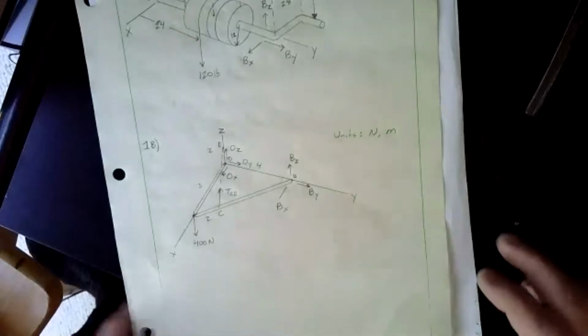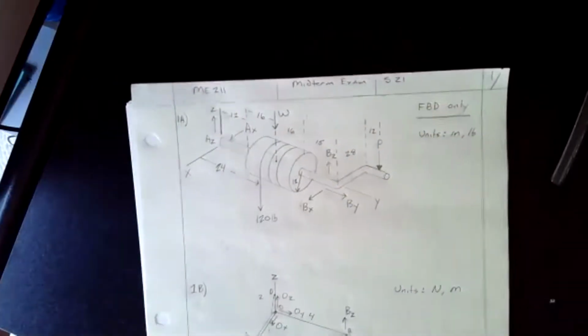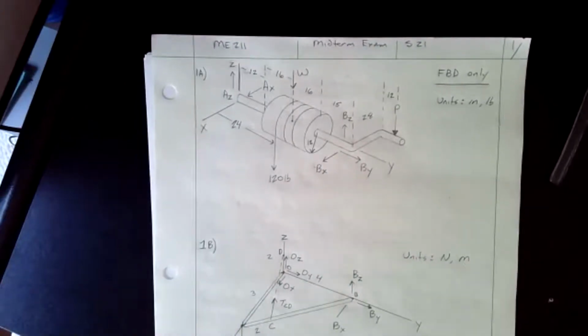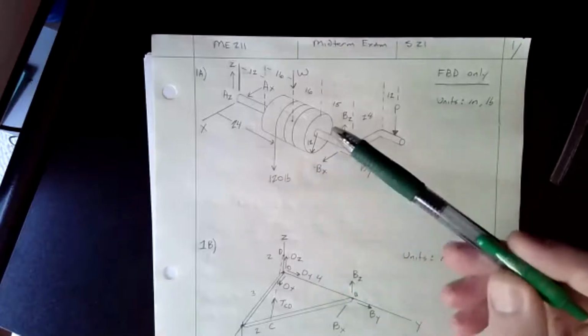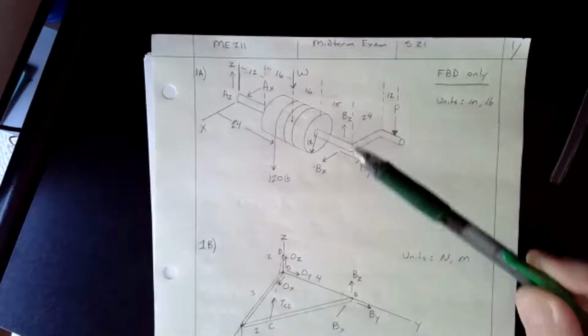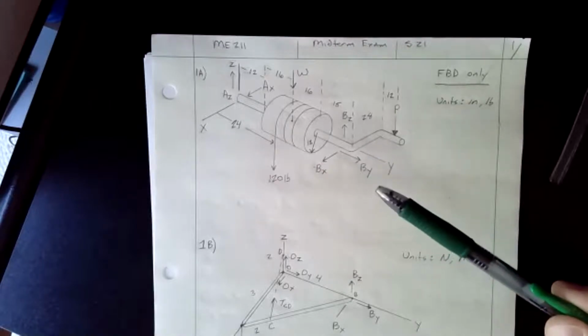So here's 1A. You have this weight, and most of you got it. I put down whether they were thrust bearings or slider bearings, and I defined them.